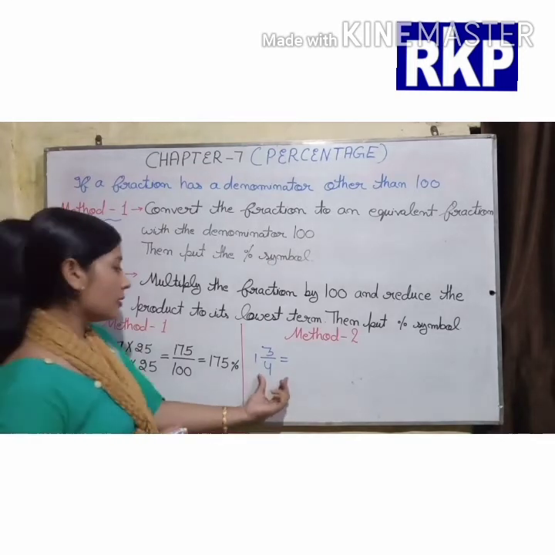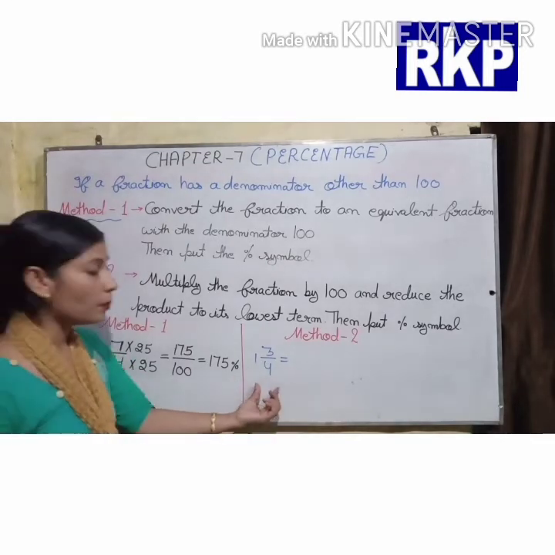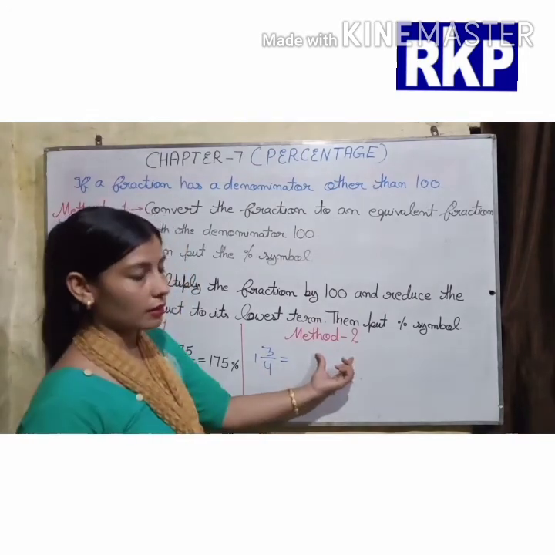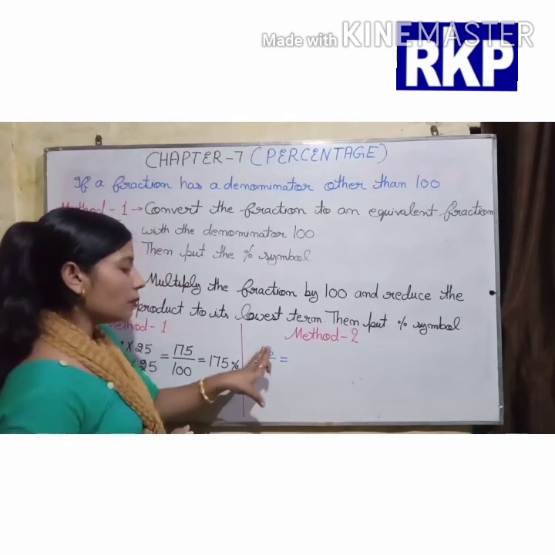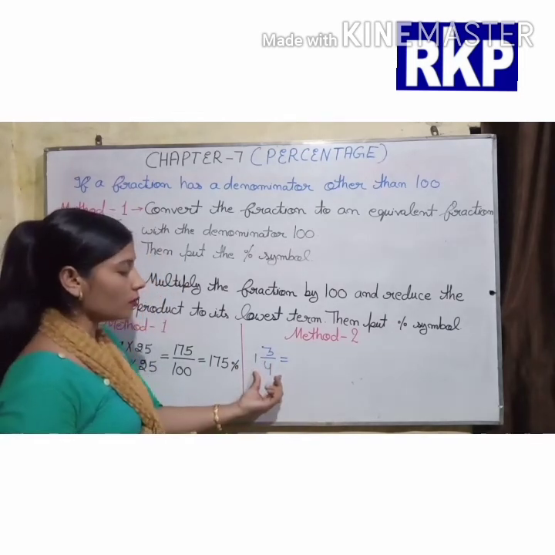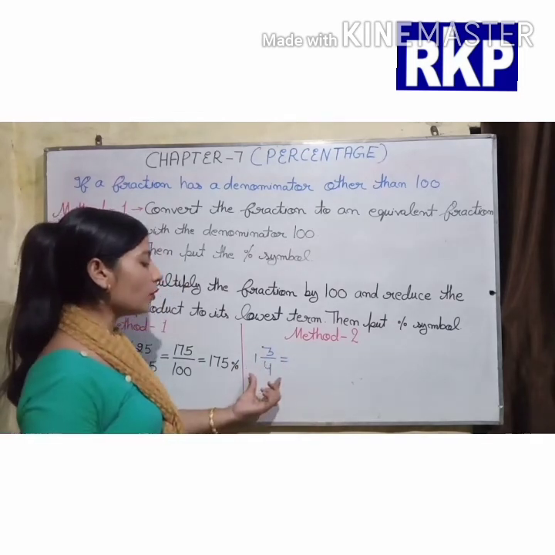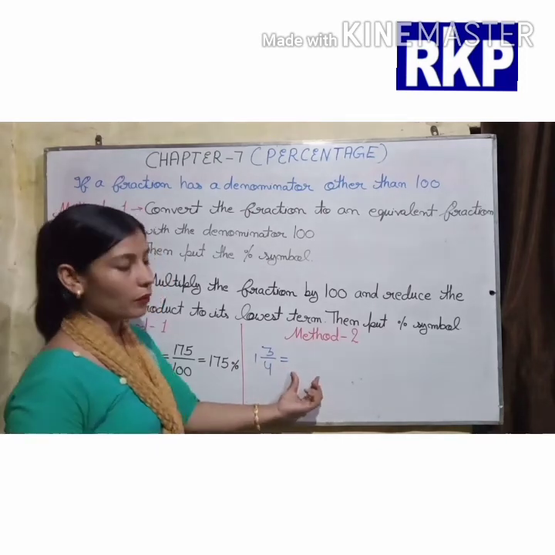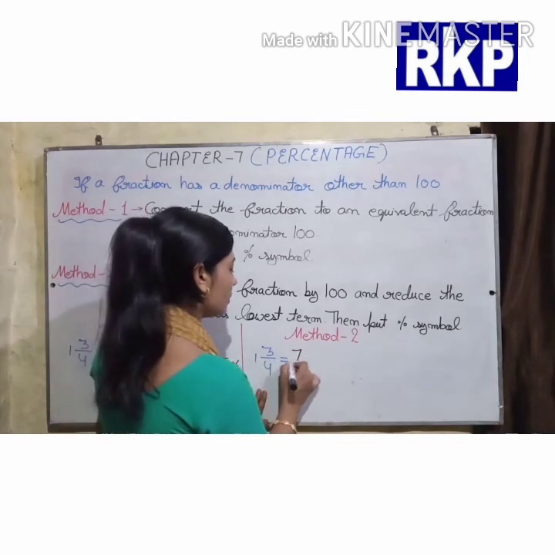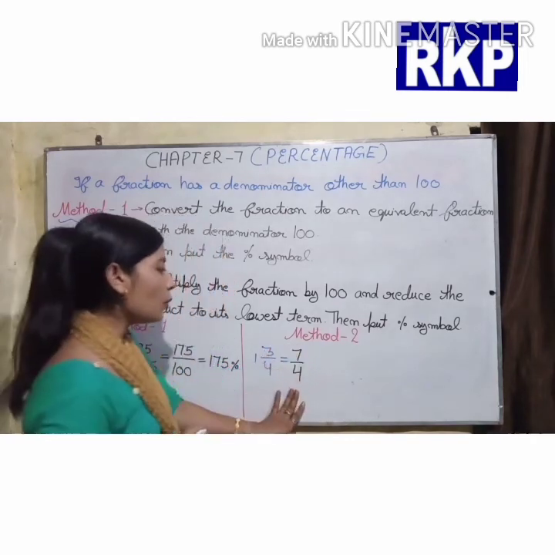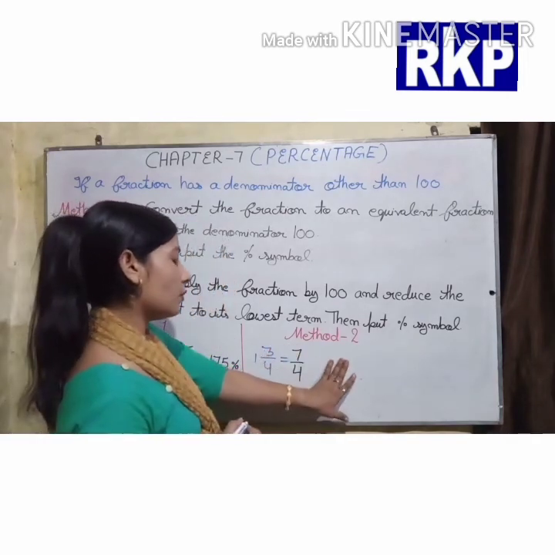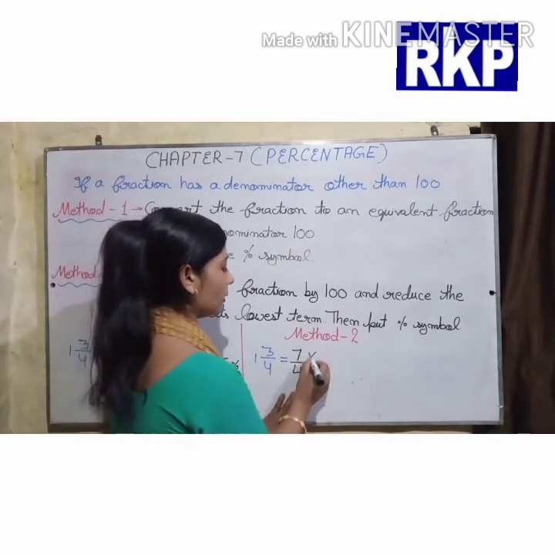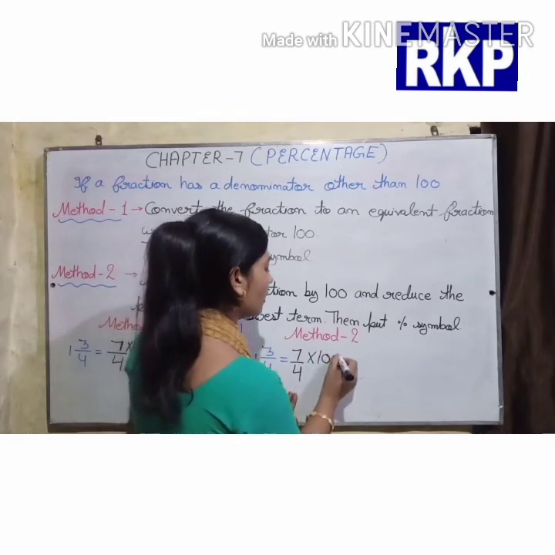Now let us take the same example, but now we will do this by the second method. 1 and 3 by 4. First of all, here also we need to convert this mixed fraction into an improper fraction. So we get 7 by 4. But now beta, according to the second method, first of all what we will do? Now we have to multiply this with 100.